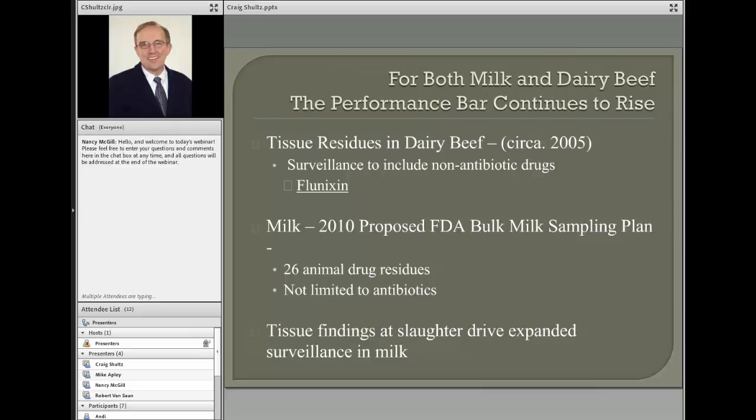So this is another major concern that's giving us all cause to take a much closer look at our residue avoidance strategies and how to best address the potential problem of violative residues both in milk and in beef.